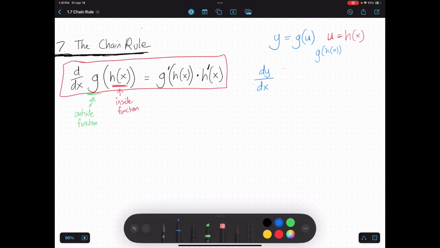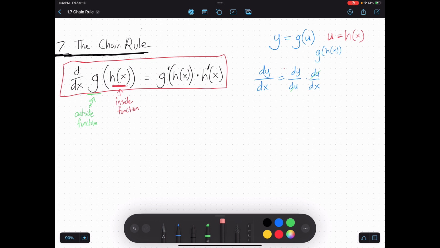Using a little bit of algebraic manipulation, I can rewrite dy over dx as dy over du times du over dx. Hopefully you can see how the algebra checks out here. These two du's cancel, leaving me with dy over dx, which is what I started with. So these two sides are equivalent, but what does this tell me?